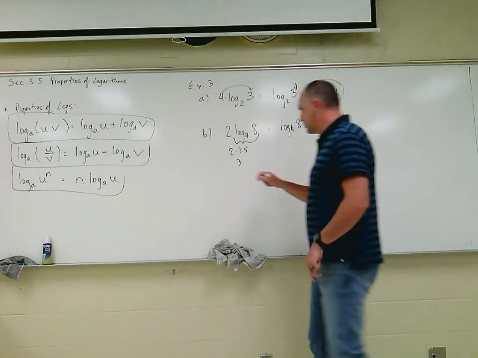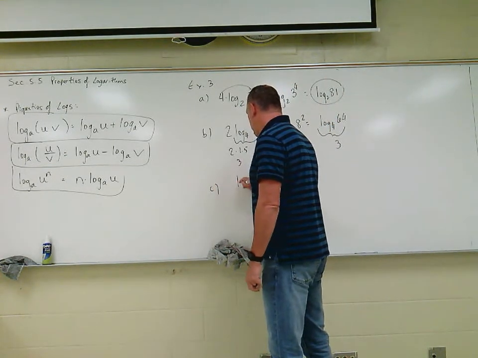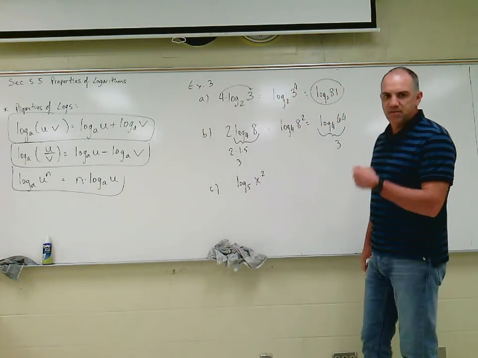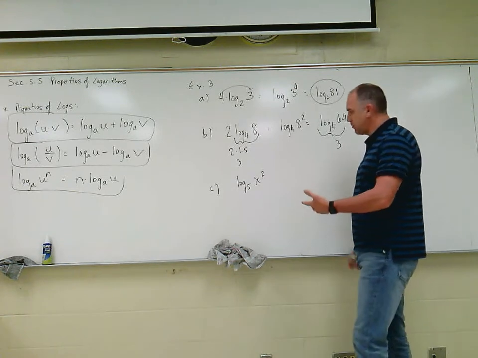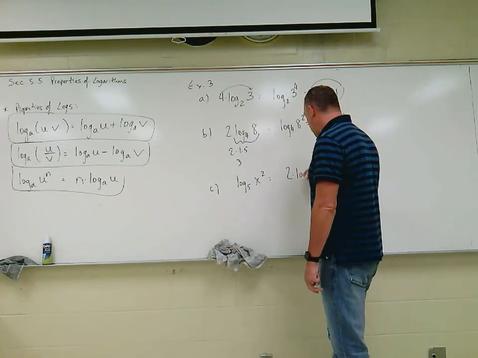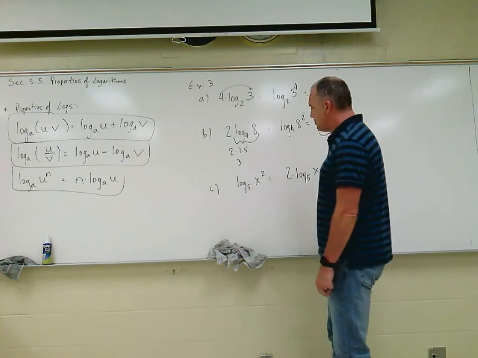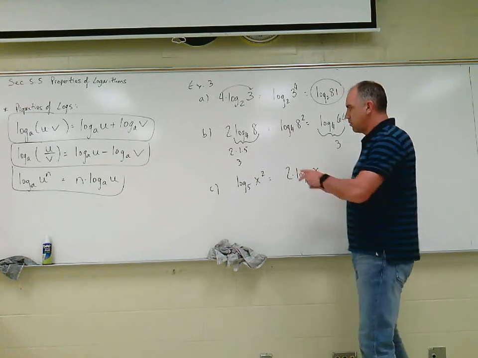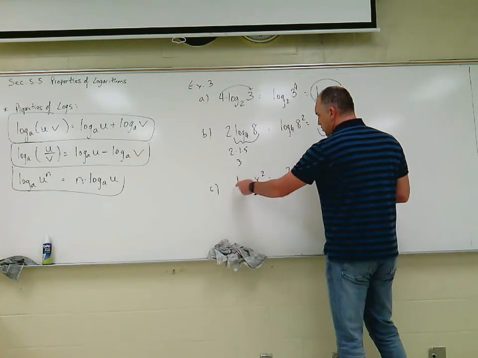The other way is maybe I have log base 5 of x squared, and I don't want an exponent on the inside. I want to simplify the inside. This 2 can go in front: 2 times log base 5 of x. You just see the movement: if you have a power, it can go in front.